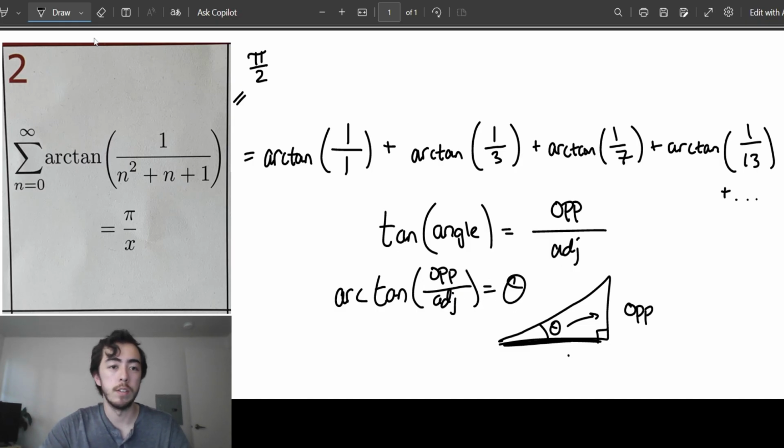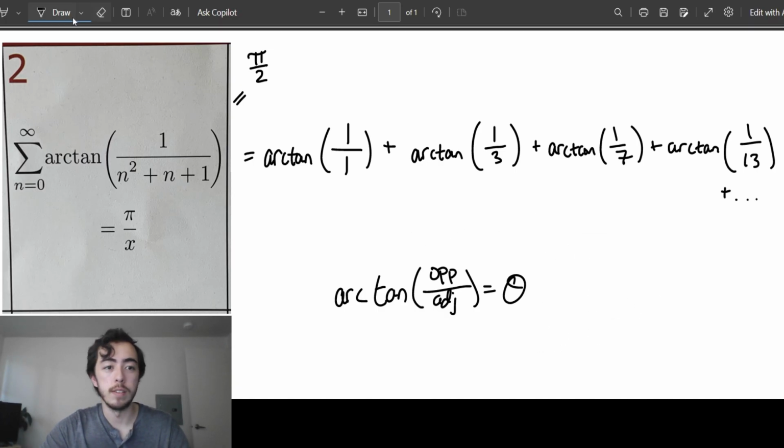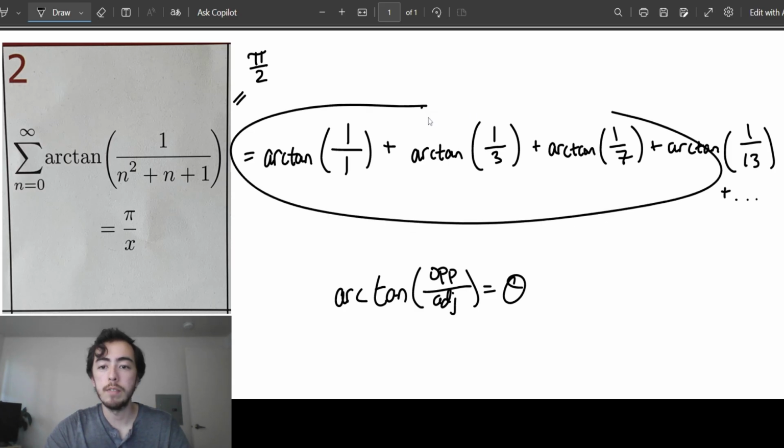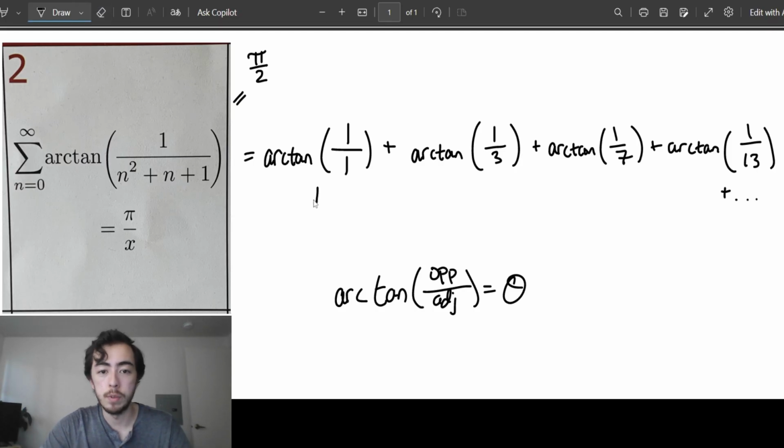I'll just put theta to represent that angle. And so all of these arctangent summands here in our big sum kind of look like right triangles to me. For example, this one says draw a right triangle whose opposite side is 1 and the adjacent side is also 1. And then your reference angle can be in this corner right here.